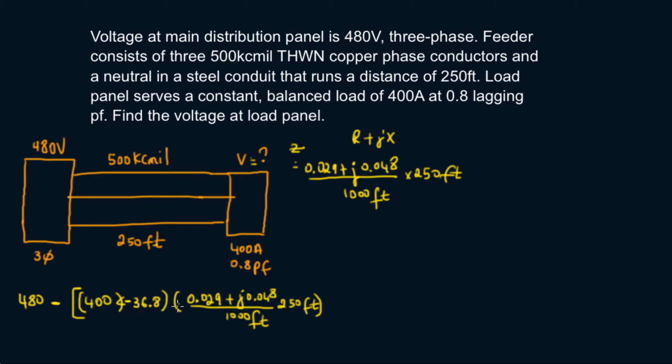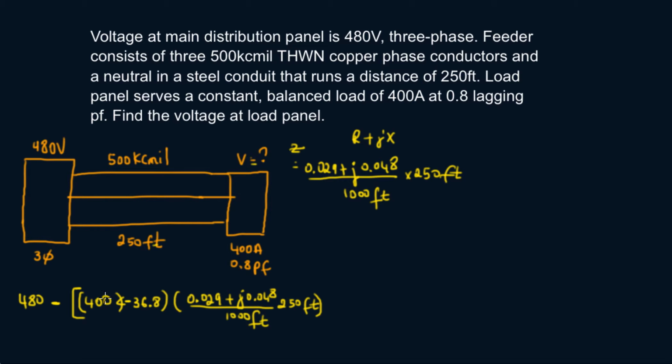So you can either multiply the voltage drop by the square root of 3, or you can divide the 480 volts by the square root of 3 so that you're only dealing with line-to-neutral, and then afterwards multiply by the square root of 3. Either way you do it, it's going to be the same thing. But I just want you to recognize that the voltage across the conductors here is a line-to-neutral voltage, and here we're using the line-to-line voltage, so we want to make sure that we are subtracting oranges and oranges, right?